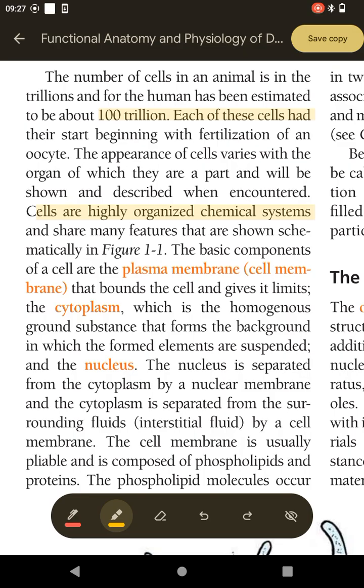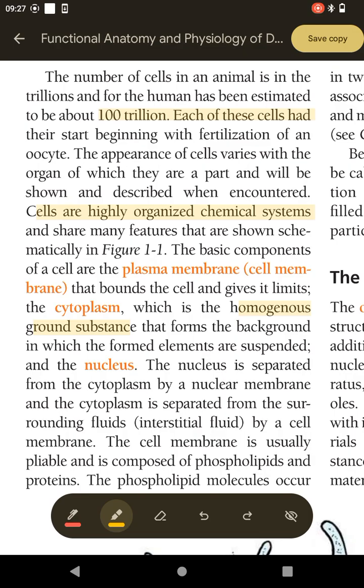What is plasma membrane? Plasma membrane bounds the cell and defines its boundary, while cytoplasm is the homogeneous ground substance in which the formed elements are suspended. It means the cytoplasm is the ground substance in which the organelles, granules, or substances are dissolved or suspended.